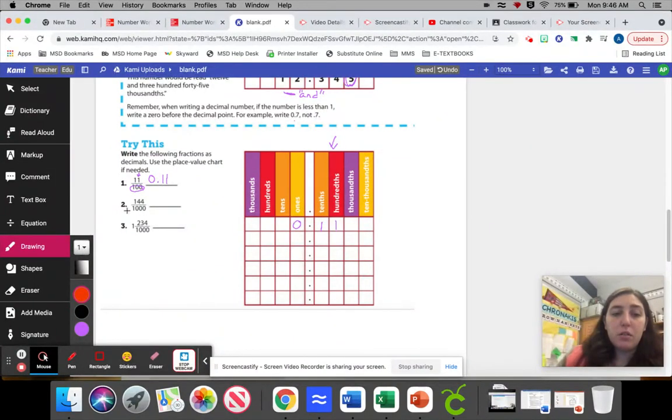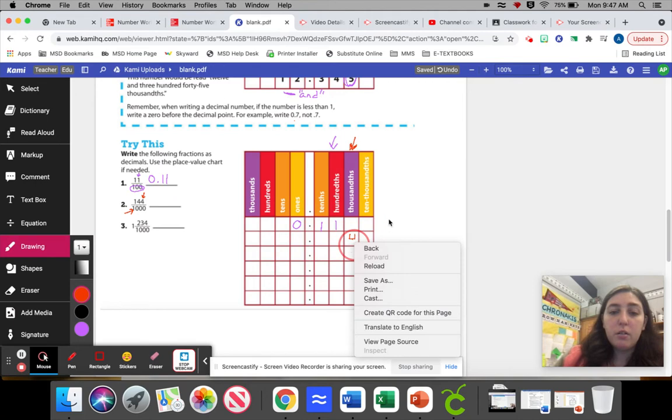144 thousandths. Okay, so the number we ended with was a 4, and that tells me it's in the thousandths spot. Remember, whatever our denominator is, that tells us what spot in the place value chart it is. So 144 thousandths. Well, here's the thousandths, right? And my 4 ended in the thousandths, so I'm going to put a 4 here.